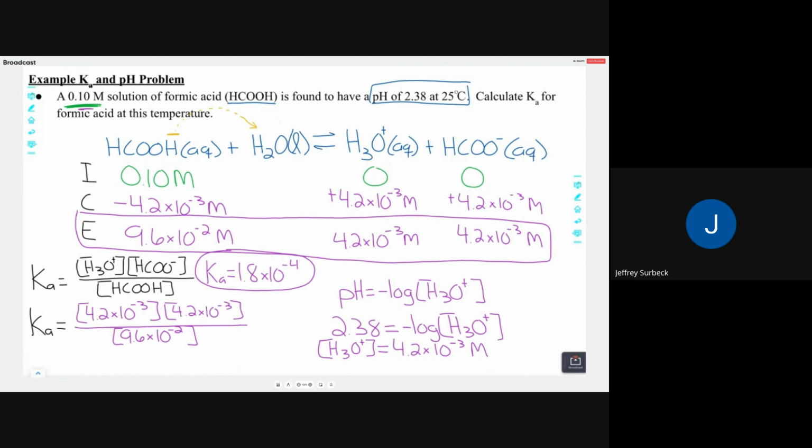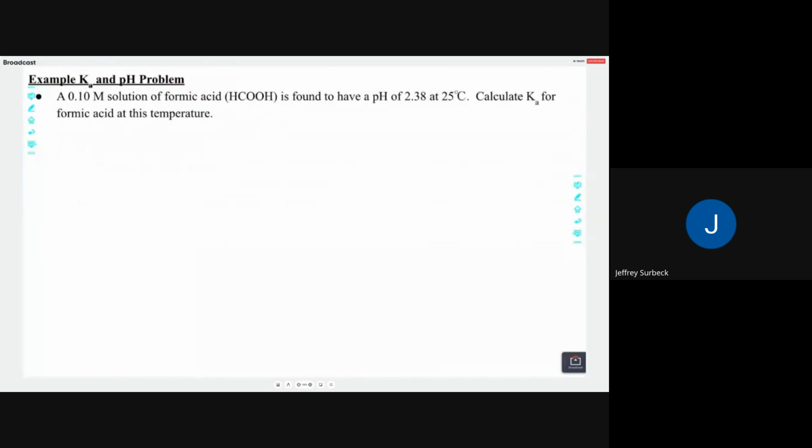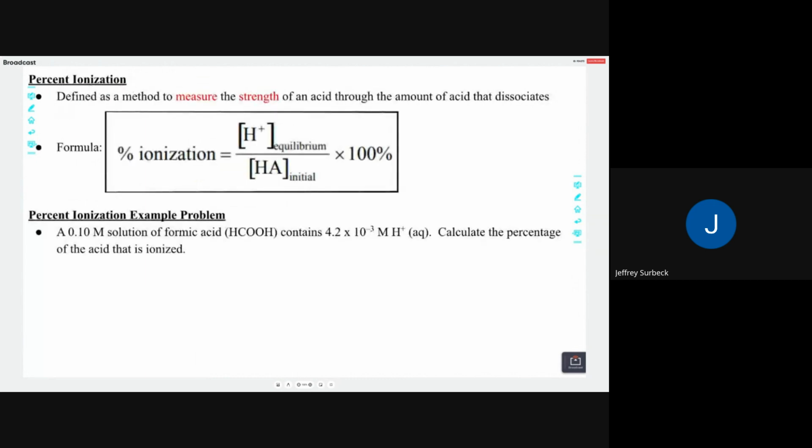All right. So let's try another one. Perfect. All right, so now we transfer problems here, and we have a little bit of an extension, percent ionization.